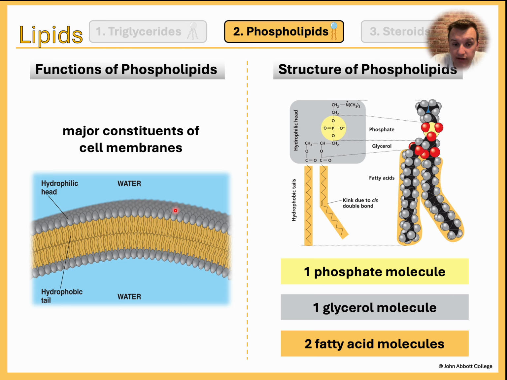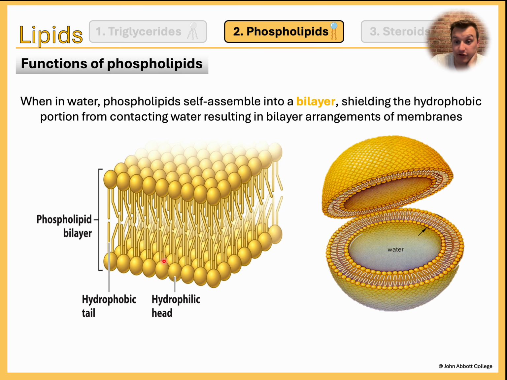This is one phospholipid and this is another phospholipid. They are forming this double layer of phospholipids when they merge together. This is why we call it a bilayer, because when they're in water, phospholipids will self-assemble into the bilayer and shield the hydrophobic portions from contacting water.